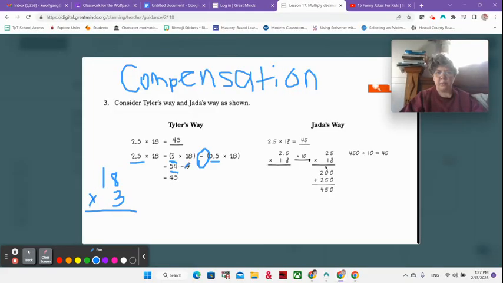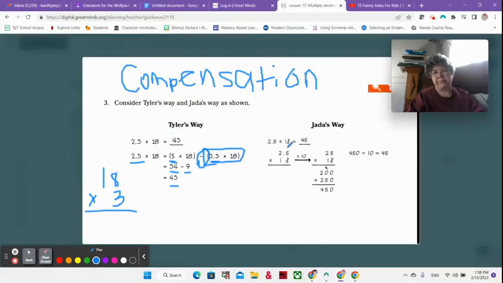And then once he found 54, then he's going to subtract 1/2 times 18, or 5/10 times 18, which we know is 9 because it's 1/2 of 18. And he's going to take that away, and that's going to leave him with 45. So you see how he's compensating. He's going up to 3, and then he's saying, well, I gave the extra half to go up to 3. He's not estimating, so then he's going to have to take that away, right?